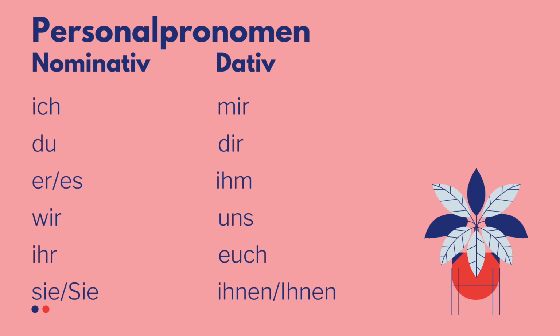And in dative, ich, mir. So mir means to me, du, dir, to you, ihm, to him, uns, to us, ihr, to you, euch, to you, ihnen, to them. So here we can see the pronouns in the dative case.